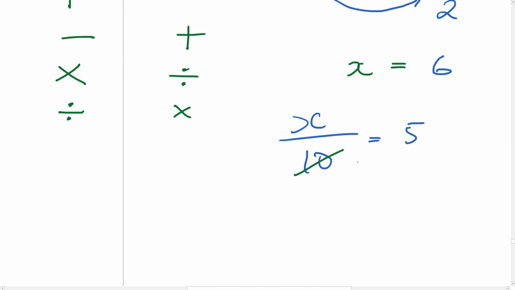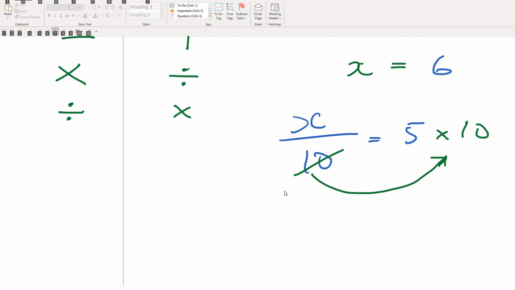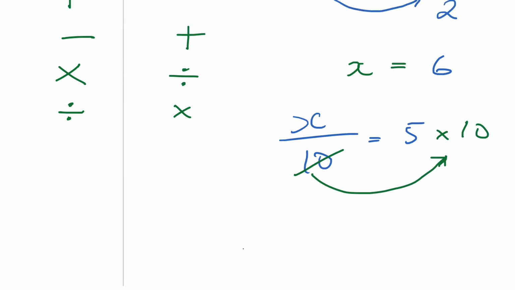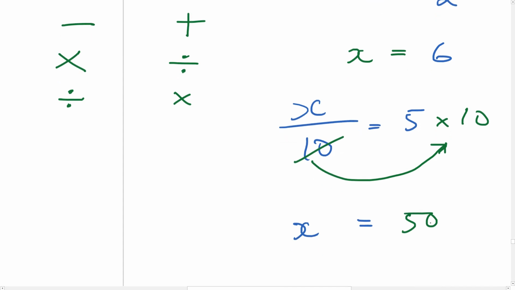This is a divide by 10. When you move that over here, the inverse of divide is multiply. So now it becomes multiplied by 10. Therefore, x equals 5 multiplied by 10, which is 50. So x is 50, and you can prove that x equals 50 by putting x back into the formula here.